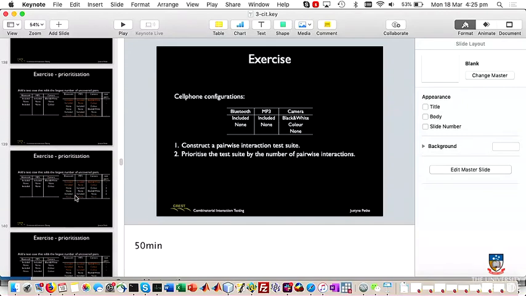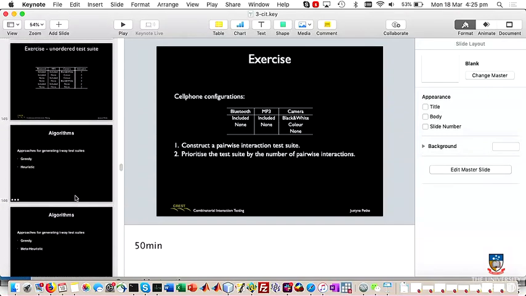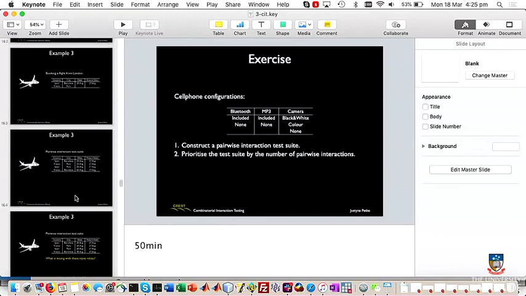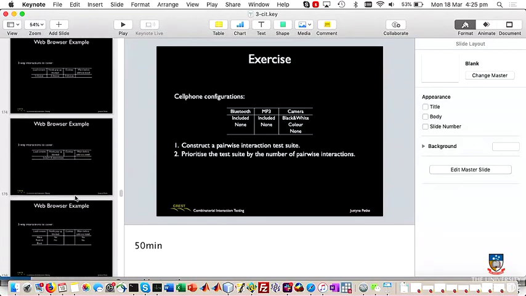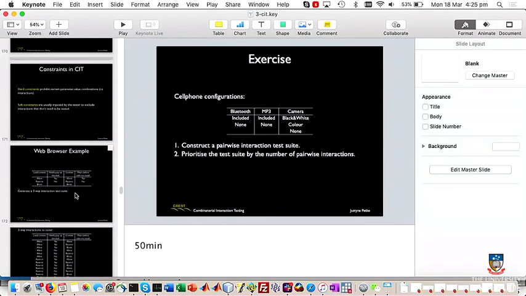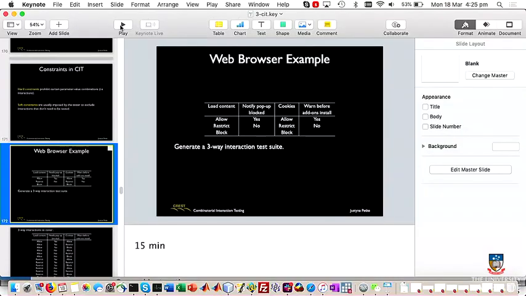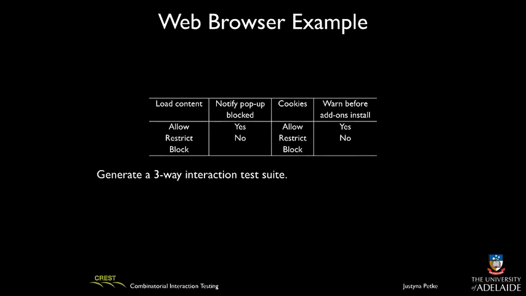There's a lot more voluntary information, and more tests. What I want to jump to now is this example. We could use the very same algorithm, IPOG, to work on this particular scenario.